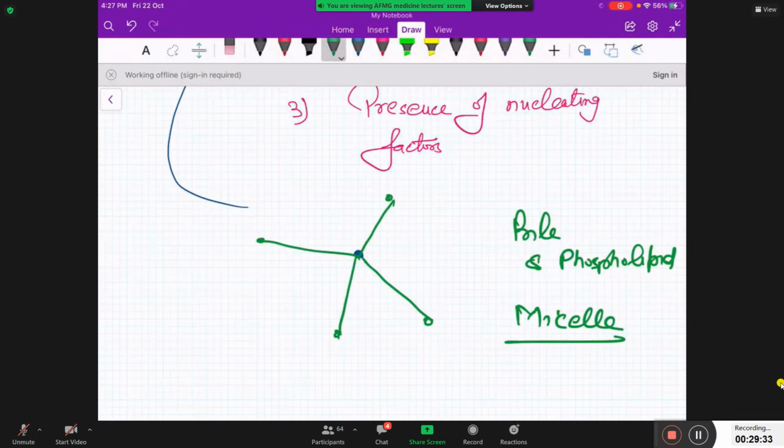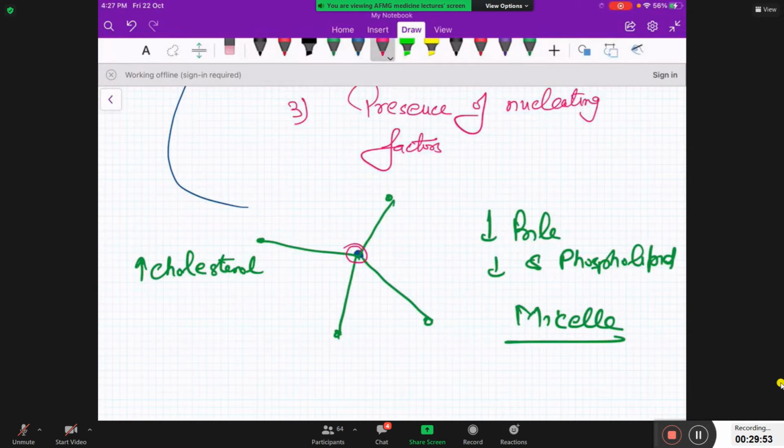So any condition in the body which leads to increased cholesterol, or a decrease in bile salts and phospholipid, can lead to precipitation of this cholesterol molecule.